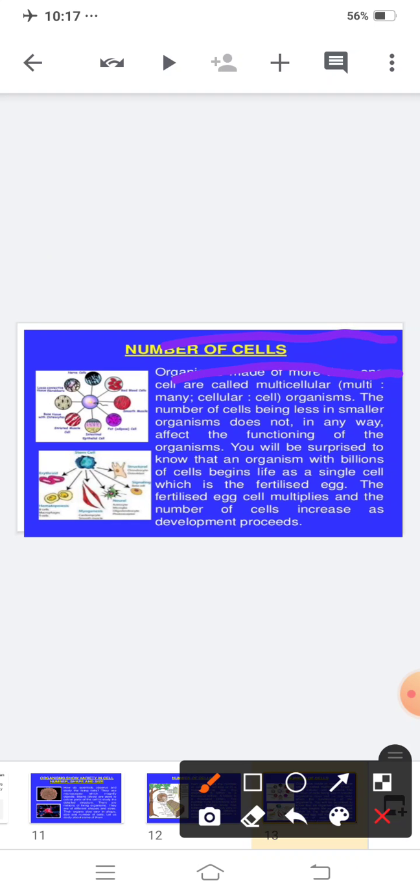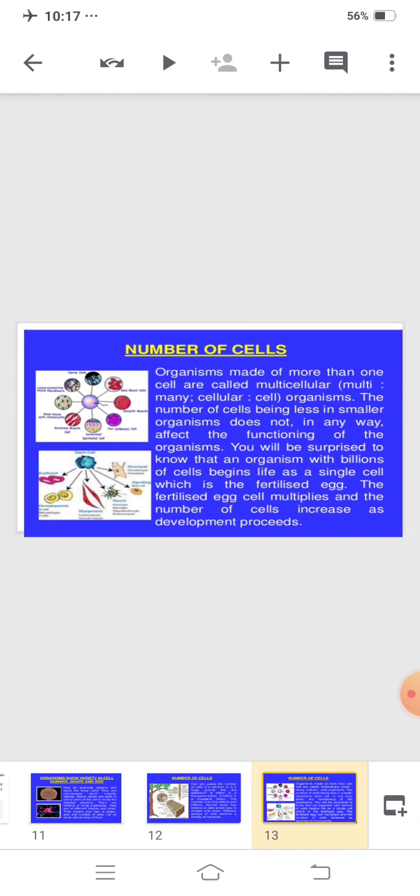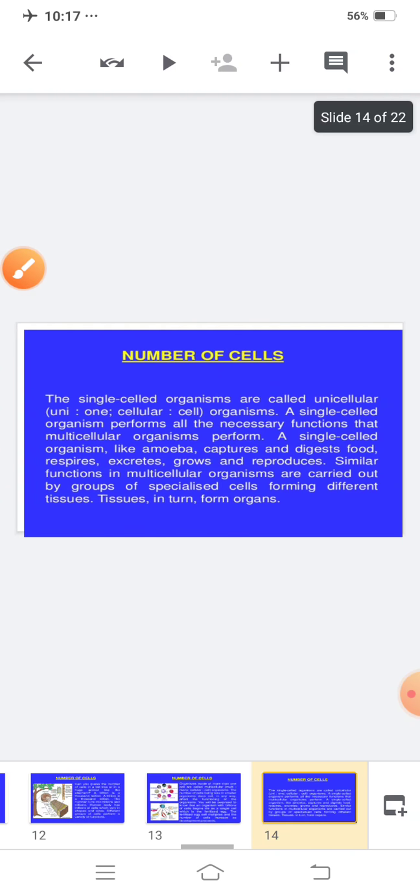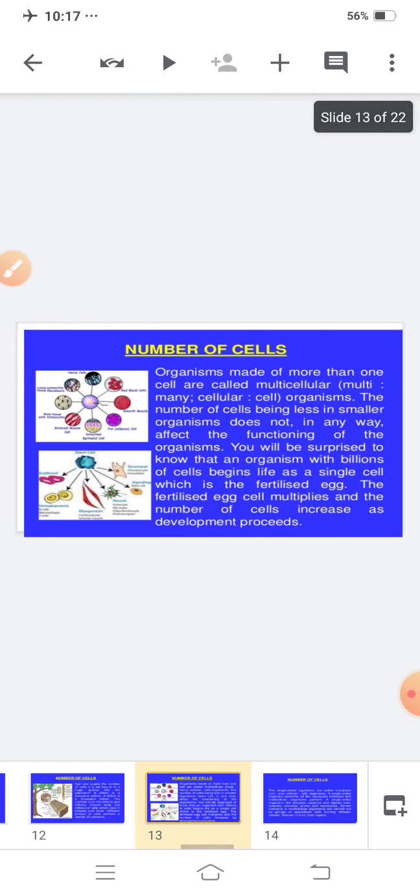The fertilized egg cell multiplies and the number of cells increases as development proceeds. Clear? So multicellular organisms are those which have more than one cell. And these multicellular organisms begin first as unicellular, that means one cell.